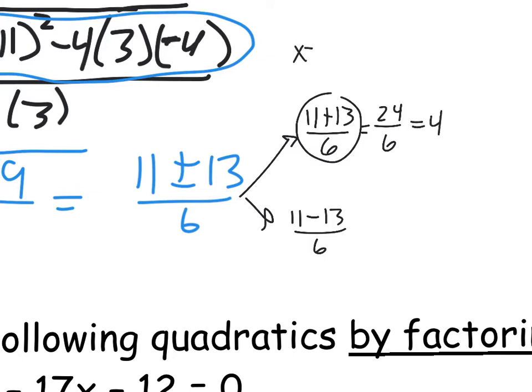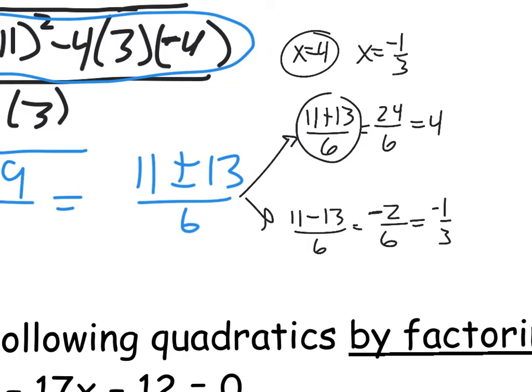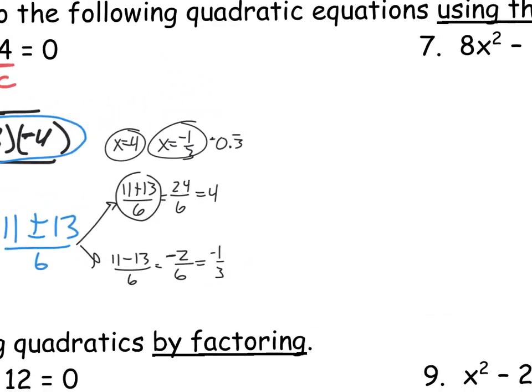So x equals 4 is one solution. And 11 minus 13 is negative 2 over 6. You could simplify that down to negative 1/3. X equals negative 1/3. You could also write it as a decimal. You could say negative 0.3 repeating, same thing, but we'll leave it as negative 1/3. Okay.